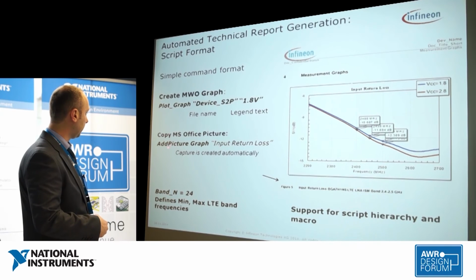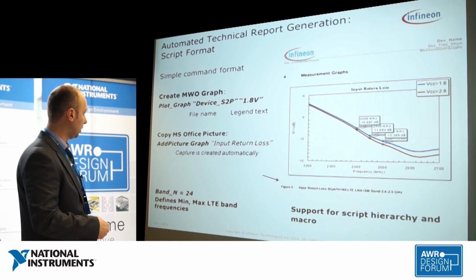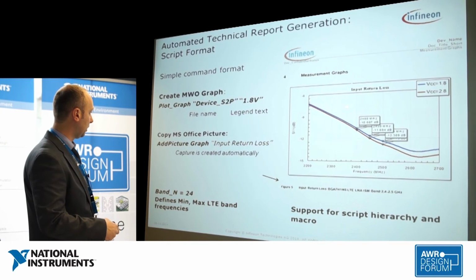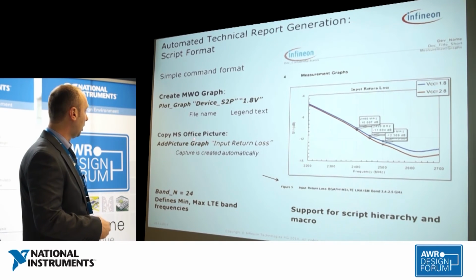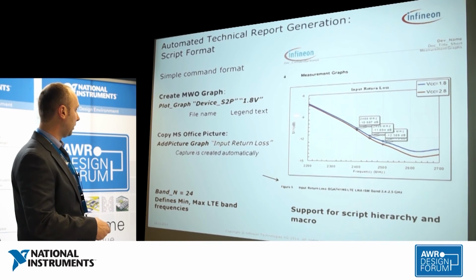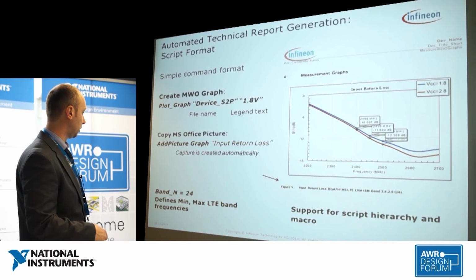And the next command, like add picture, and then the capture of a graph in Microwave Office, will put this graph into the Microsoft Office document, into Microsoft Word. There is also automation for the band number.